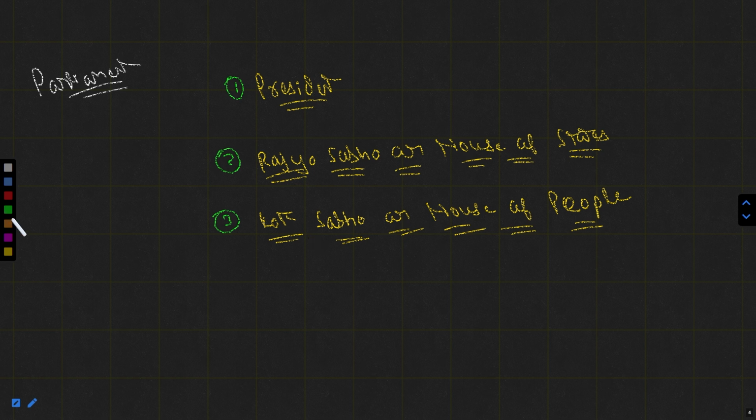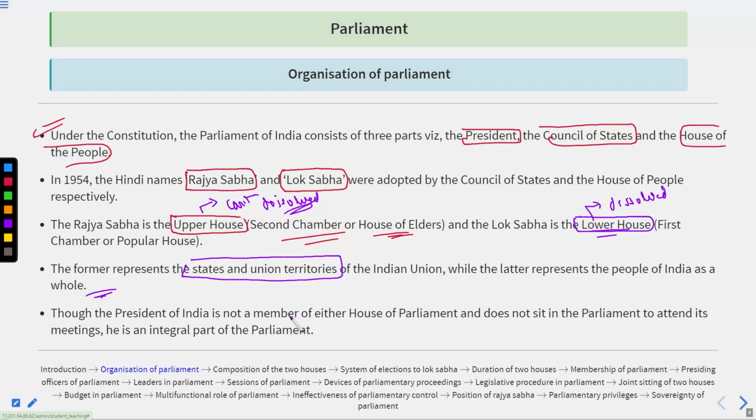Okay, so this is the general division. If we talk about the upper and the lower house, remember, Rajya Sabha is the upper house because it cannot be dissolved, while the Lok Sabha, known as the lower house, can be dissolved by presidential orders.